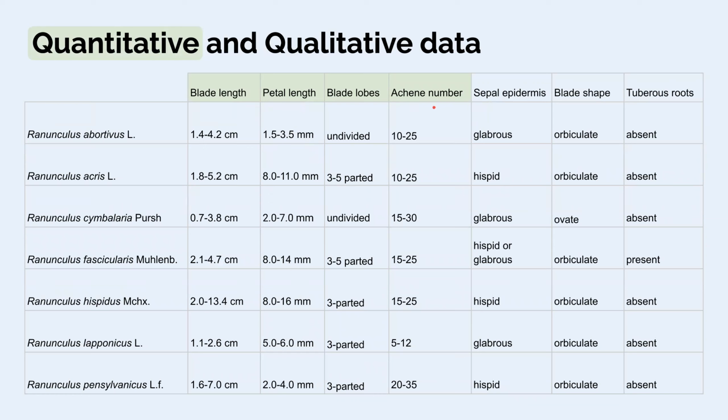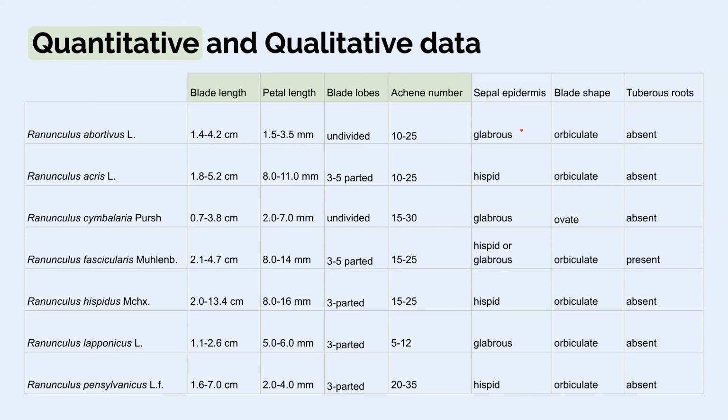Number of achenes in the achene head, a range showing the variation among individuals. Here we've got number of lobes in the blades, so 1 lobe or 3 to 5 lobes. These are all quantitative. You could put a number on these, and if you were writing a key, you could say greater than or less than. Those are nice dividing points.